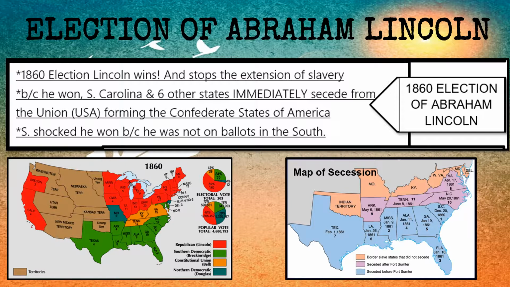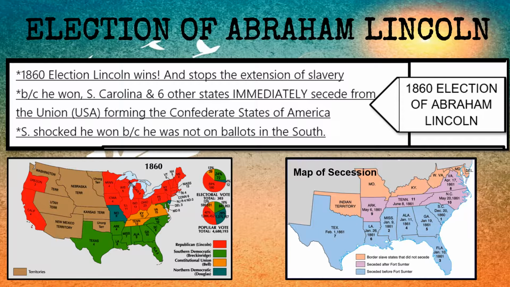The Union is the United States. Because they seceded, they formed their own country called the Confederate States of America. Now, the South is extremely shocked that Abraham Lincoln even managed to win because he wasn't even put on the ballots in the South. So the North must have really voted heavily for Abraham Lincoln for him to win if he didn't even show up on the ballots in the South.